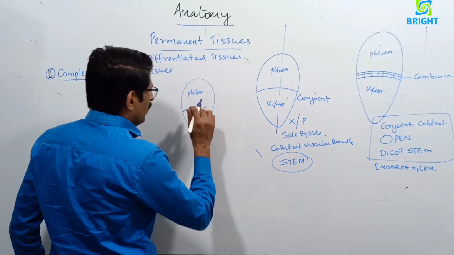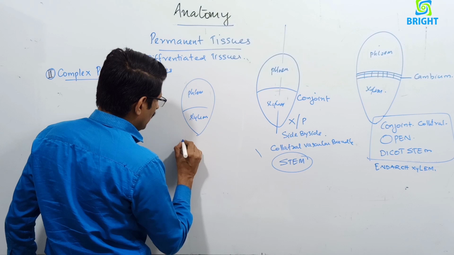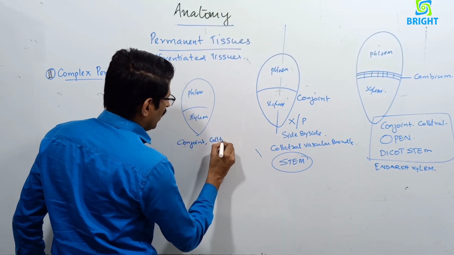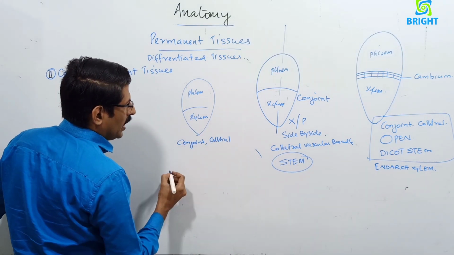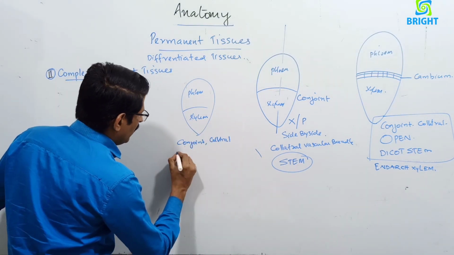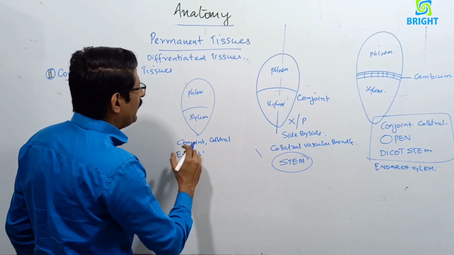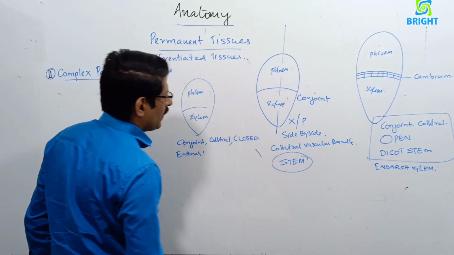And when there is phloem on the upper part and xylem on the lower part, this is a conjoined collateral vascular bundle, and the xylem is endarch, but vascular cambium is absent, so it is a closed vascular bundle.